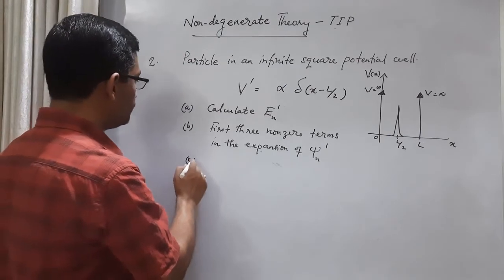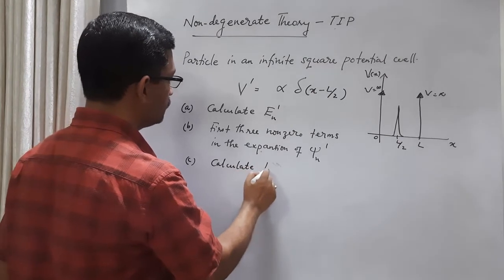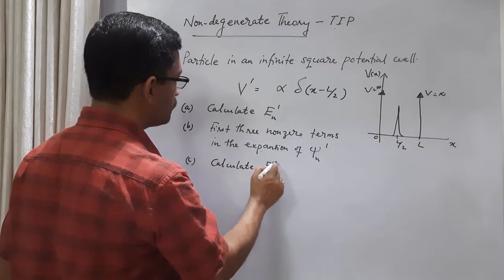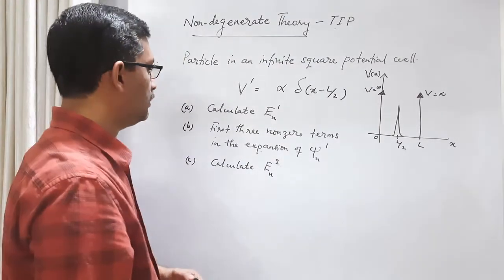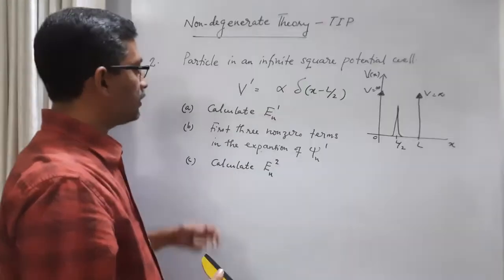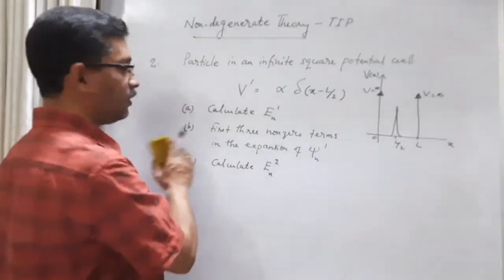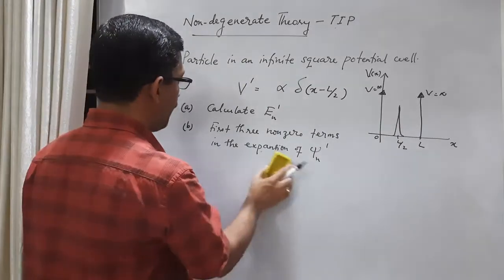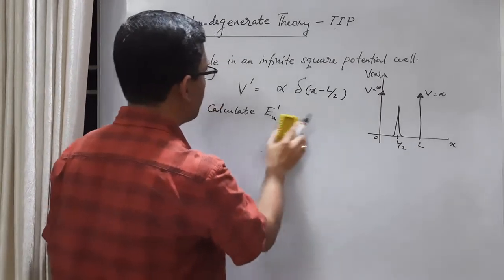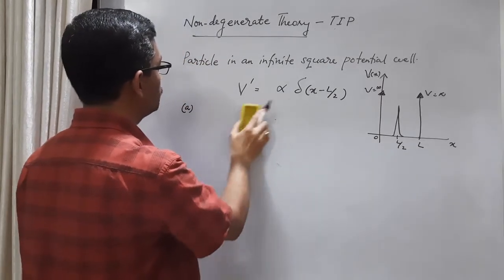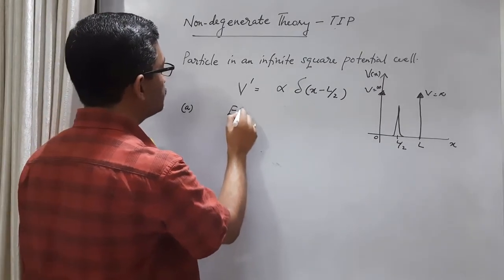And thirdly, we want to calculate the second order correction energy also. Okay, En2. Okay, so let us try to do it one by one. So first I will calculate En1. Okay, so what is the expression for En1?